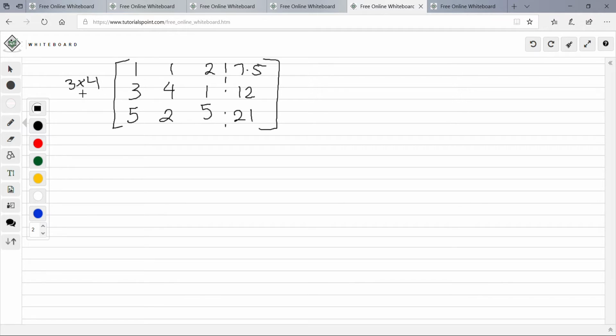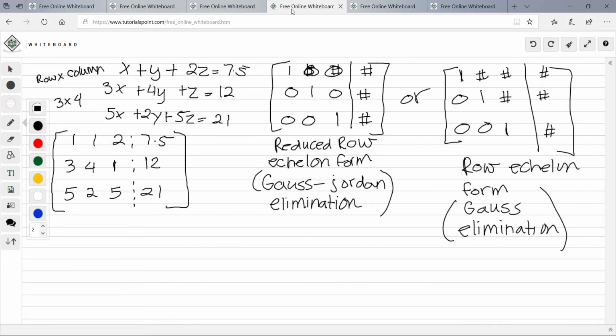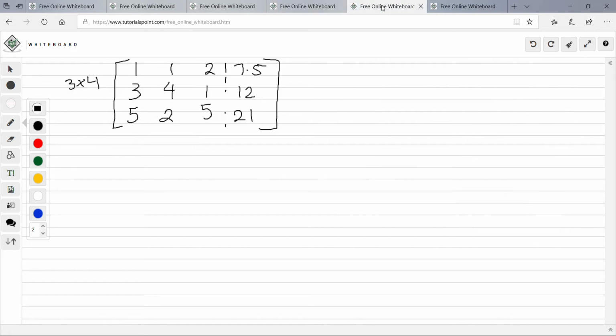Remember our goal is to put it in row echelon form. So we want a diagonal of 1, and we want everything below it to be 0, and we can just leave the rest as numbers. How we do that is by using row operations. It's not really hard. In row operations, you can multiply by a scalar, you can exchange rows, and you can add and subtract rows.